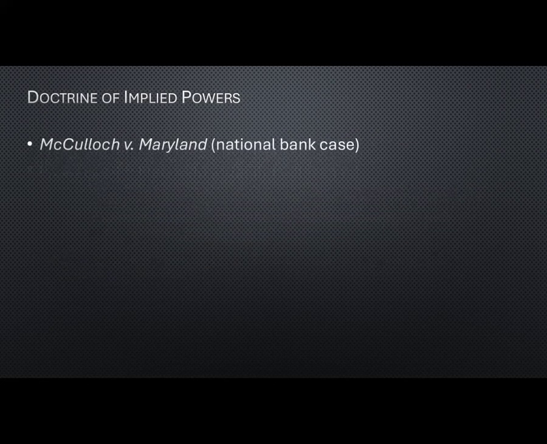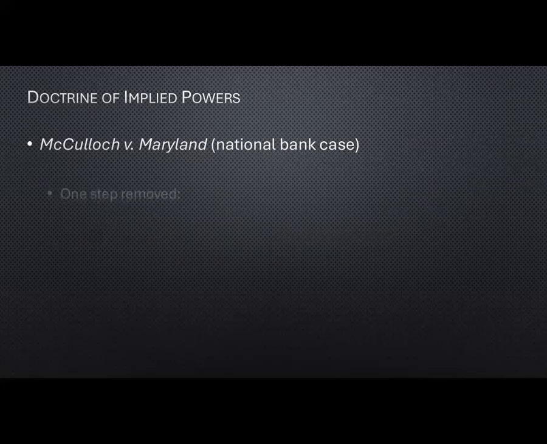With the bank case, that's McCulloch versus Maryland, this is the case that involves Congress's creation of a national bank. And the state of Maryland pushed back against that establishment of a national bank, claiming that it was beyond Congress's authority to create the bank. In that case, you see that the law itself was really just one step removed from an enumerated power.